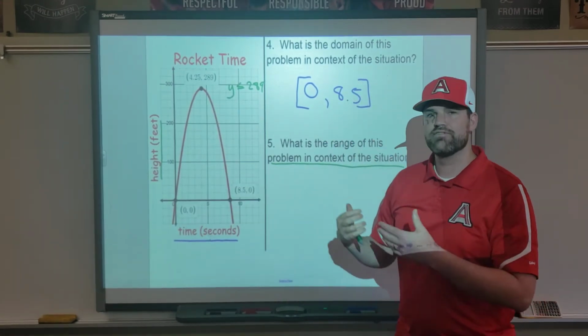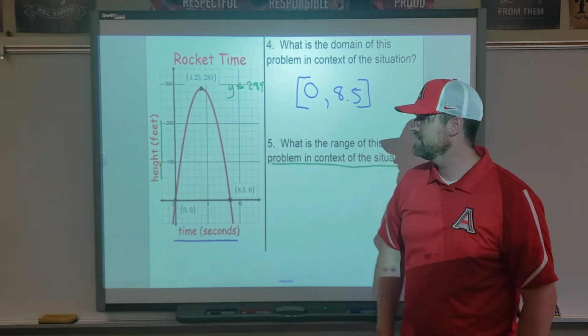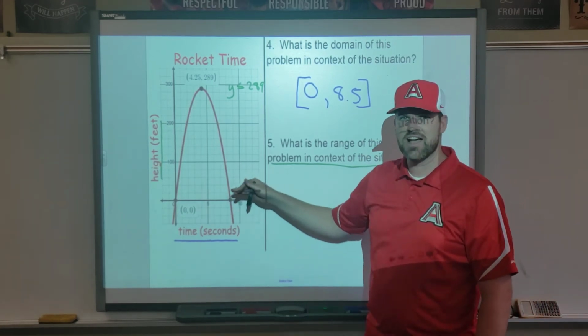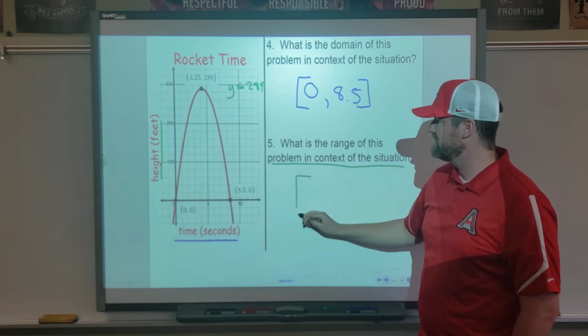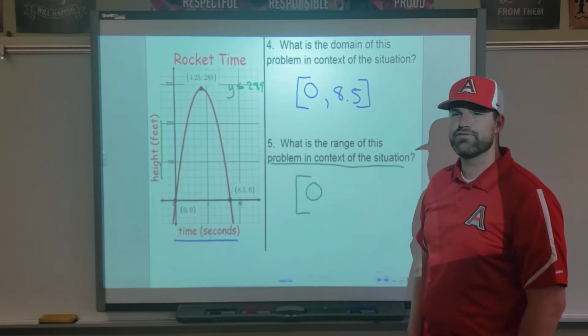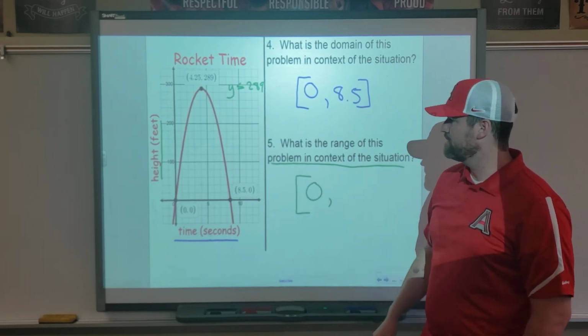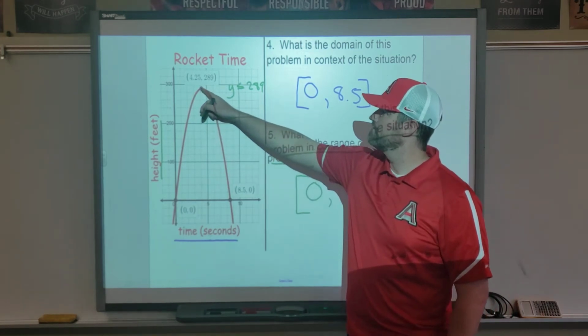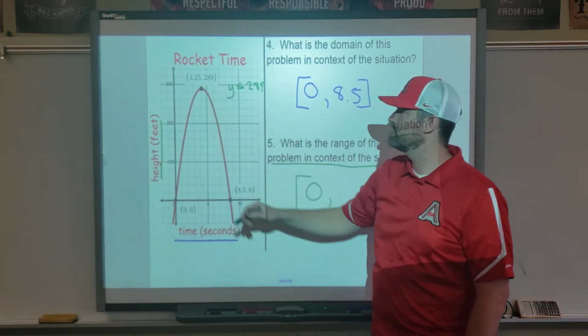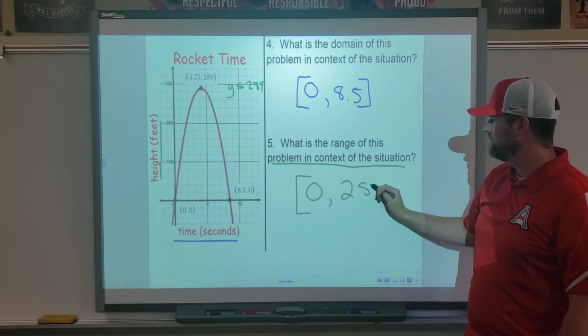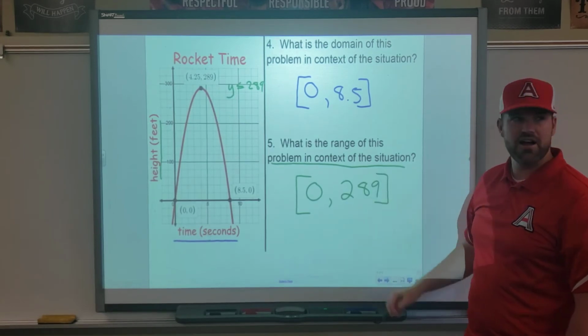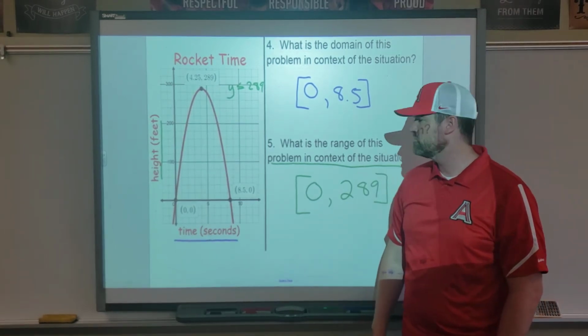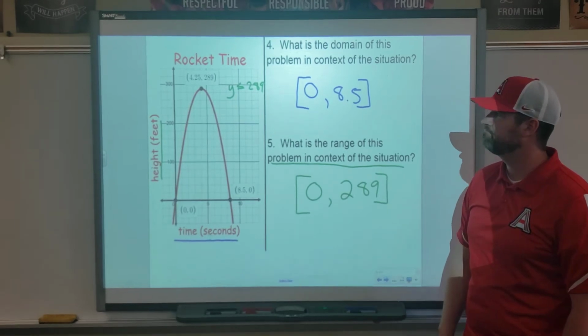Well, does the rocket ever go below ground? No, it doesn't. It hits the ground and stops. So the lowest height the rocket reaches is 0 feet. But the max that it reached was still our vertex y-coordinate of 289. So we know that the possible heights that the rocket is at is anywhere from 0 to 289 feet.